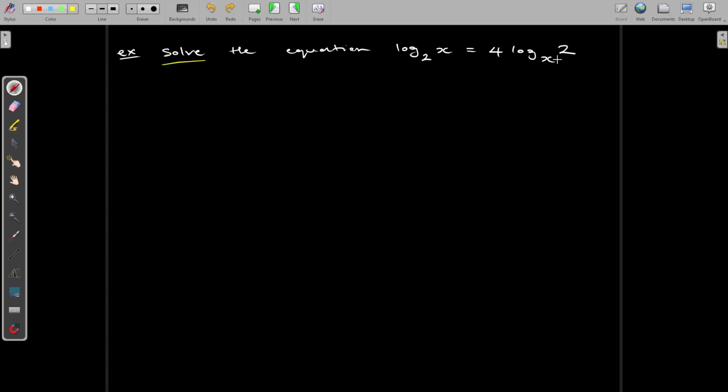The only way we can do that is by changing it from base x to base 2. And the reason we selected base 2 is because we have a base 2 over here. So base 2 is the best option to change the base to. Is that clear? Yes, sir.